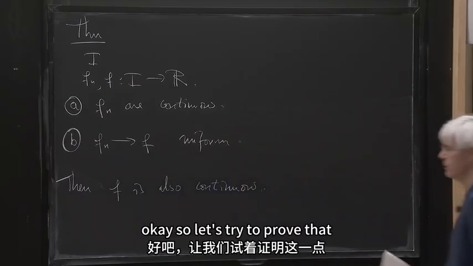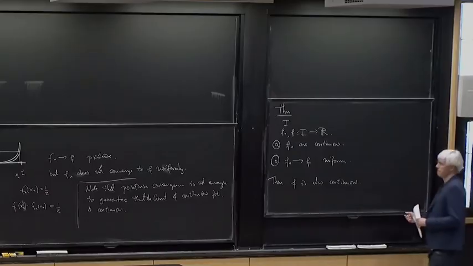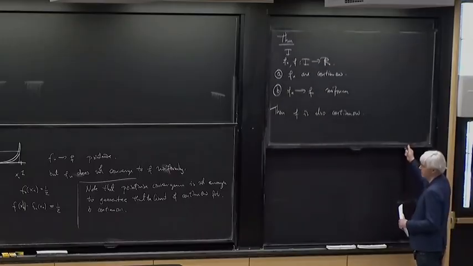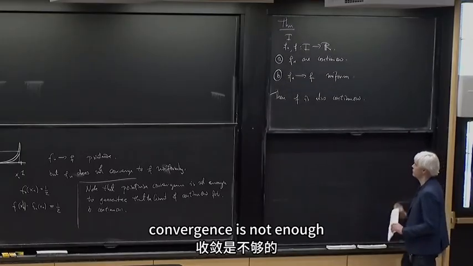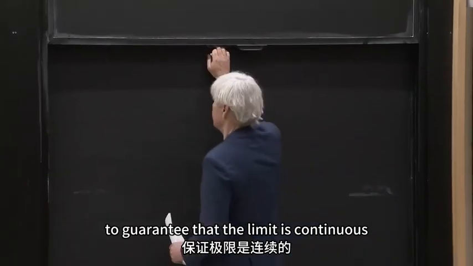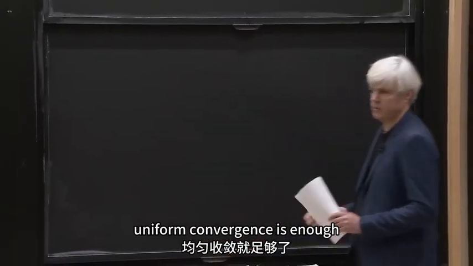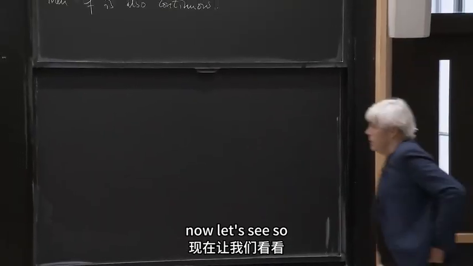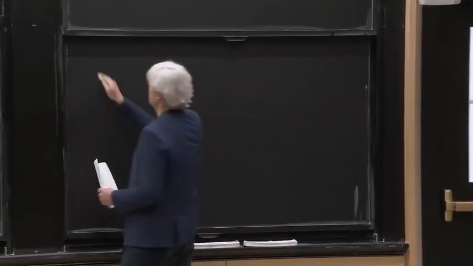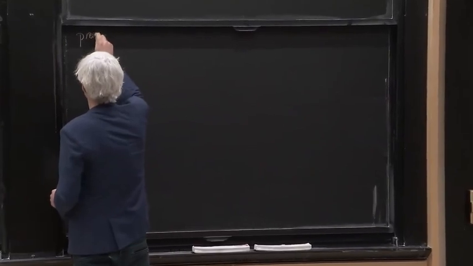Okay, so let's try to prove that. Pointwise convergence is not enough to guarantee that the limit is continuous. Uniform convergence is enough. Now, let's prove that.